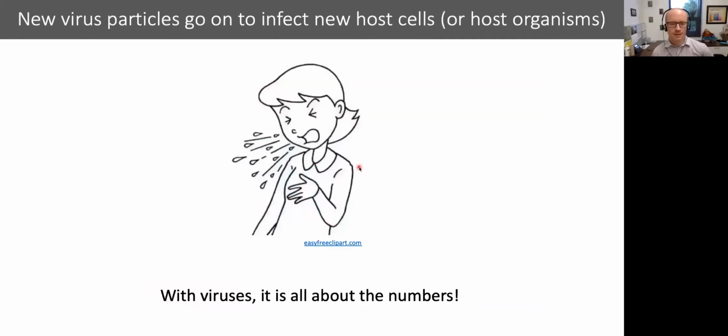Lastly, let's talk about something that was not shown in that diagram, which is how the virus could then infect new host organisms. So we said that with each cell that is infected, you get many progeny viruses that are produced.